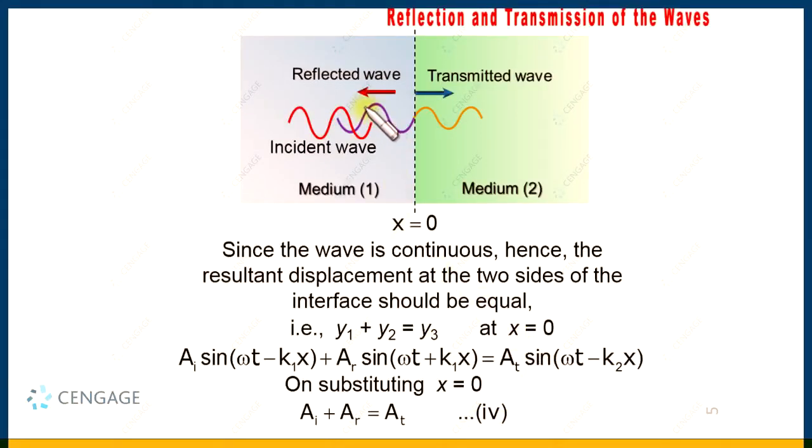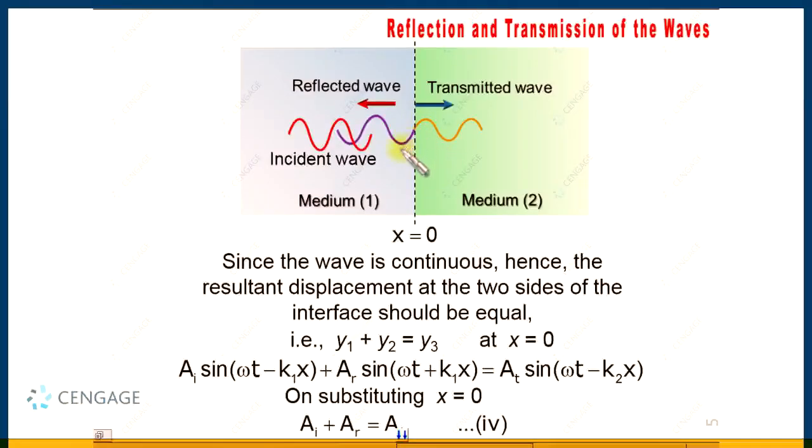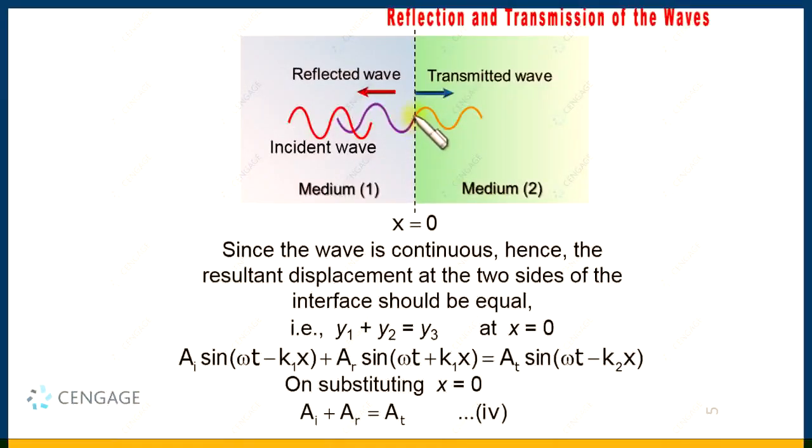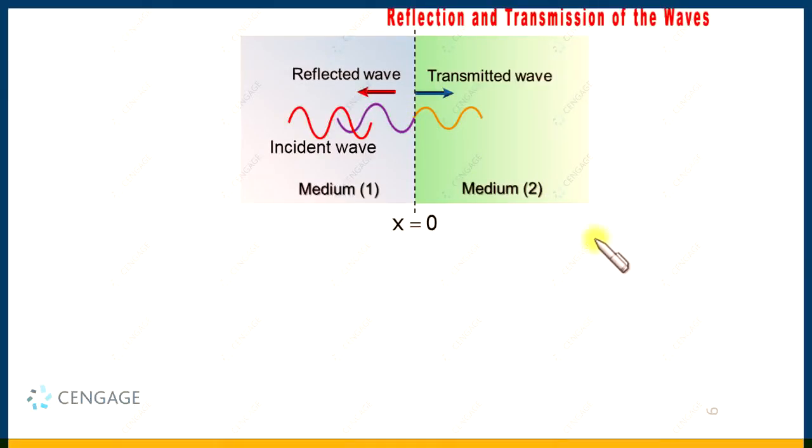Now, consider this curve again. Because this is a continuous curve, if we want to find the slope of the tangent at this position, suppose at point P again, we can find the slope by using the property of medium 1 and the property of medium 2. If we want to calculate the slope at this point by the property of medium 1, we should consider the superposition of both waves, y1 plus y2.